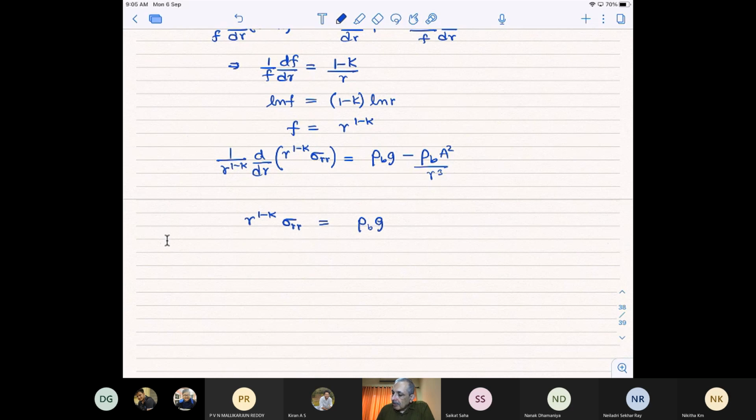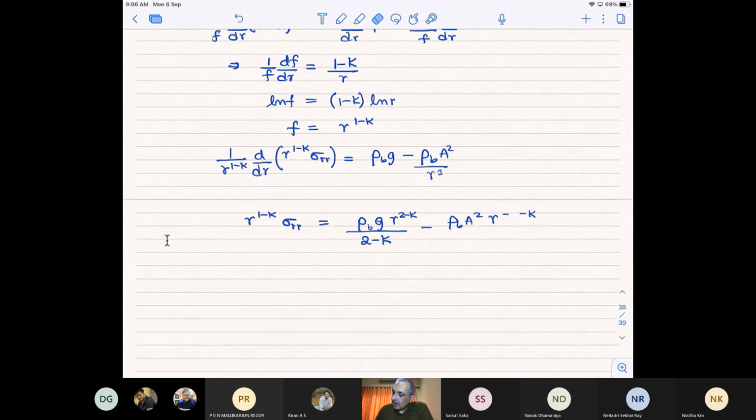rho bg into r raised to the power of 1 minus k plus 1. So that becomes r raised to the power of 2 minus k divided by 2 minus k, minus rho b into a squared into r raised to the power of minus 2 minus k, and then you have to add 1 to that.